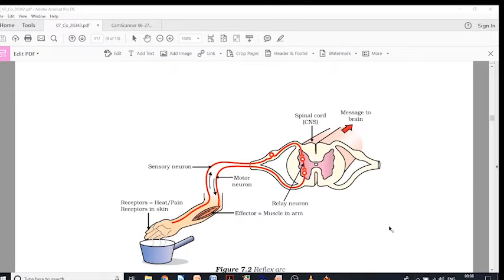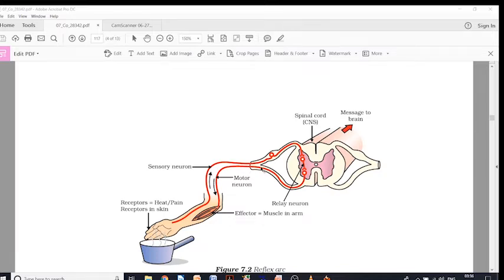If the sensory neuron, instead of giving the message to the relay neuron present in the spinal cord, had given the message to the brain, then it would have taken a long time to relay the message to the motor neuron. Until then the hand would have been burnt.